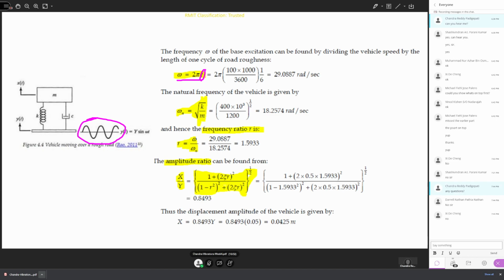The vehicle is moving at 100 kilometers per hour, so convert into meters per second: 100 into 1000 over 3600.